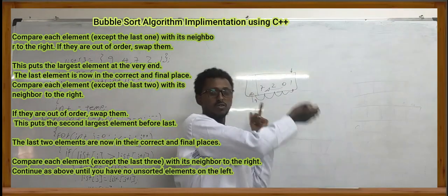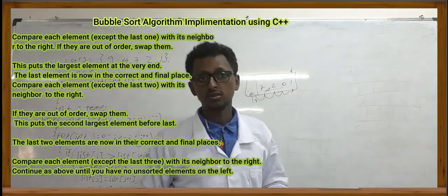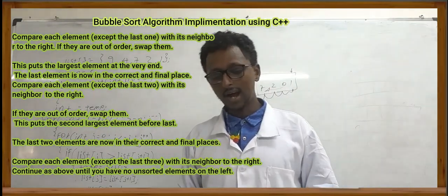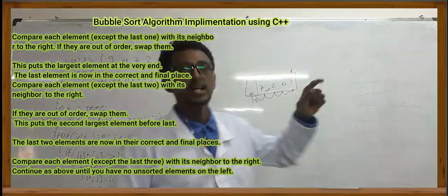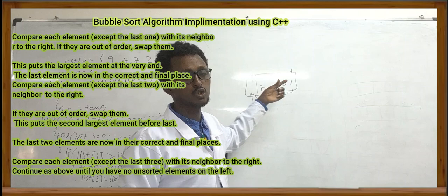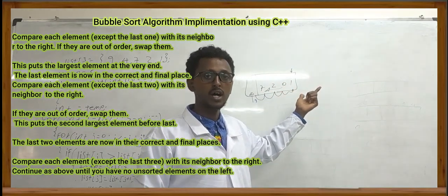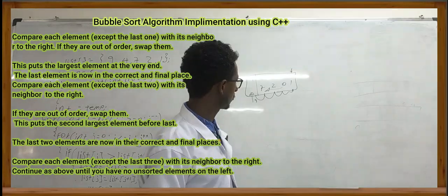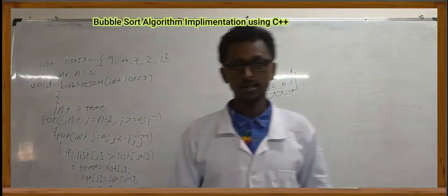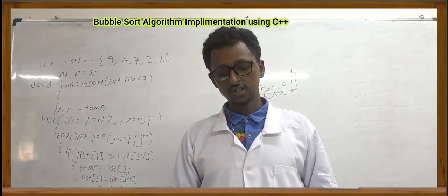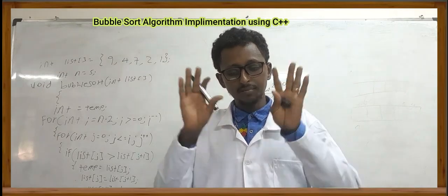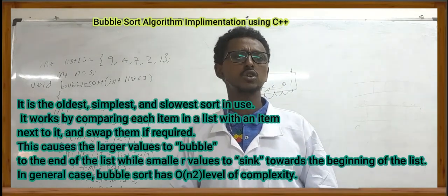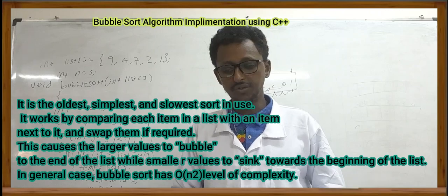Continue these steps until all unsorted elements get their correct positions based on their ordering. It is the oldest, simplest, and slowest sort in use.